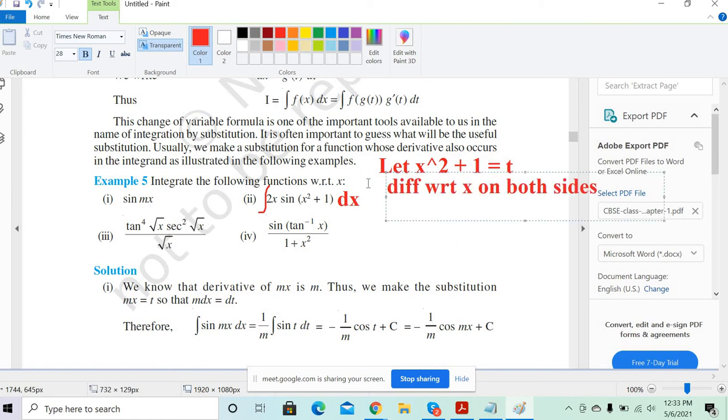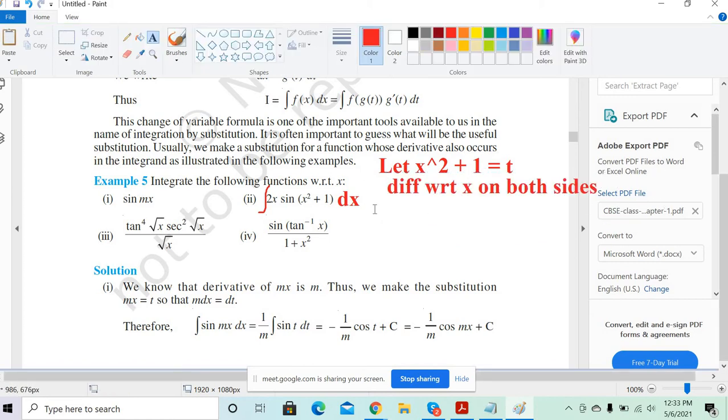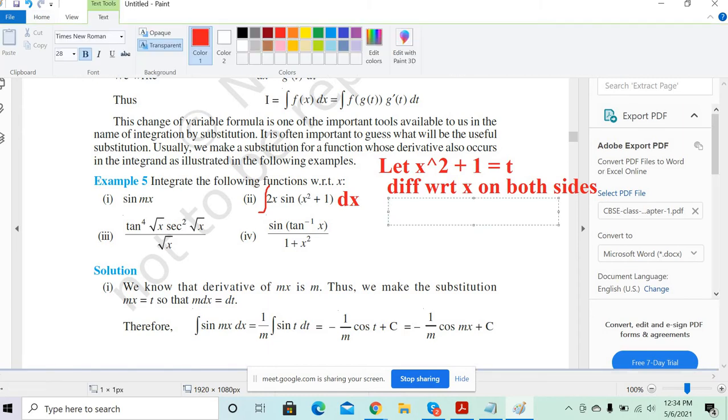Now what do I get? The x square will become 2x plus 0 is equal to dt. T is a function of x, so it becomes dt by dx.